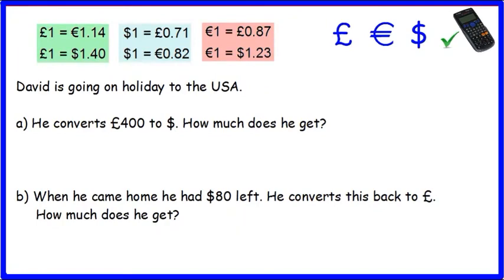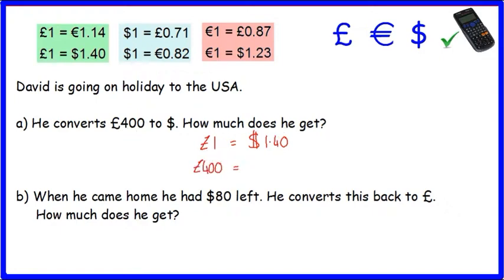Okay, so David is going on holiday in the USA. He converts £400 to dollars. How much does he get? Now, what I would like to do here is write down the matching ones. Pounds to dollars, £1 to $1.40. So I write down £1 is equal to $1.40, and I write down this one underneath the matching ones, 400.